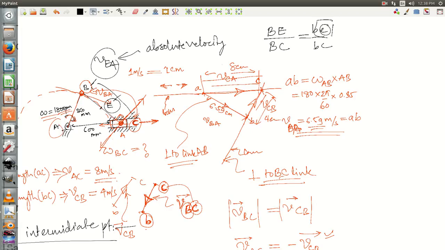We do not know the length of be, so be is equal to BE upon BC into small bc.